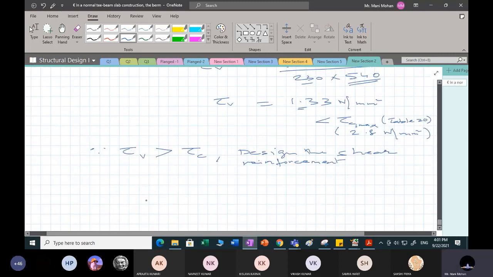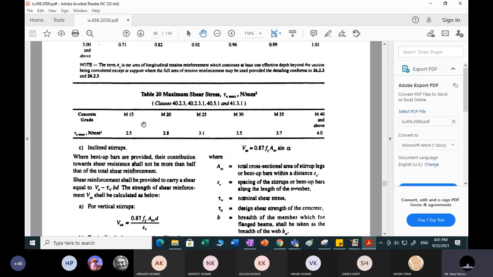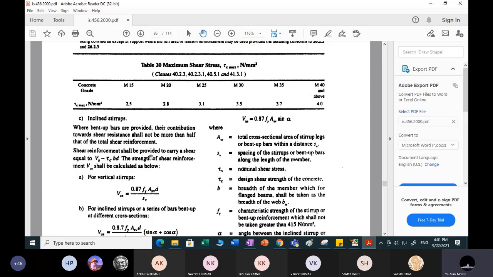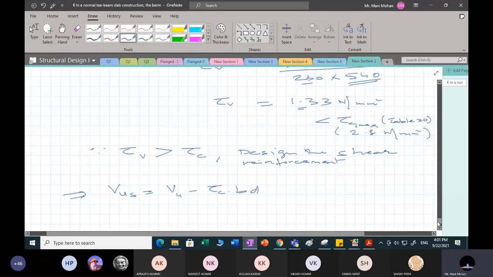So how do you design it? You design the shear reinforcement for the residual shear force. The residual shear force is Vus equal to Vu minus tau C into b d. This one we had seen how exactly it comes, and the code also suggests shear reinforcement shall be provided to carry a shear equal to Vu minus tau C b d. So this is my Vus.